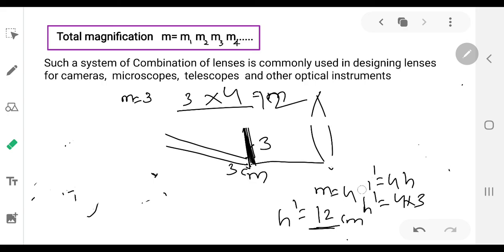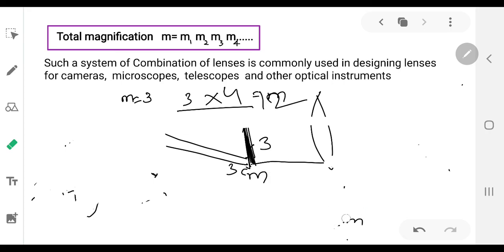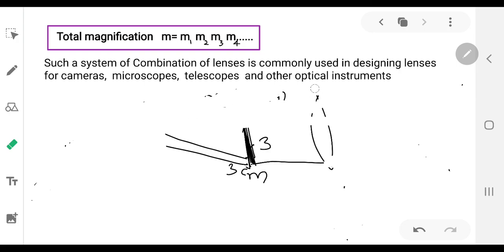If it is not possible to have a desired magnification by a single lens, then we can have a combination of two lenses to get the desired magnification in the object image size, and such a system is also used in microscopes, telescopes and other optical instruments.